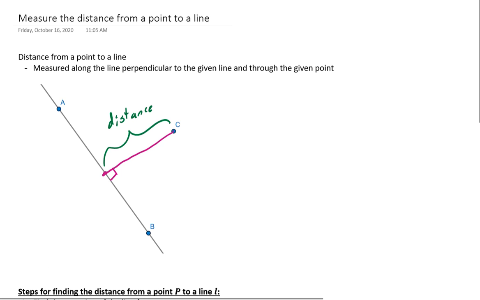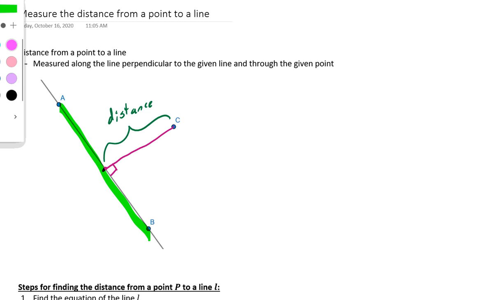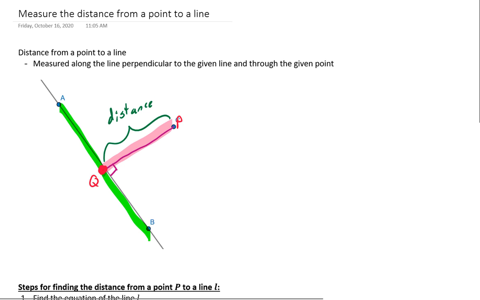So referring to my picture here, step 1 is saying, let's find this equation. Step 2 says, let's find this equation. Step 3 says, let's find the coordinates of this point, Q. And if this is P, step 4 is to then find this distance.